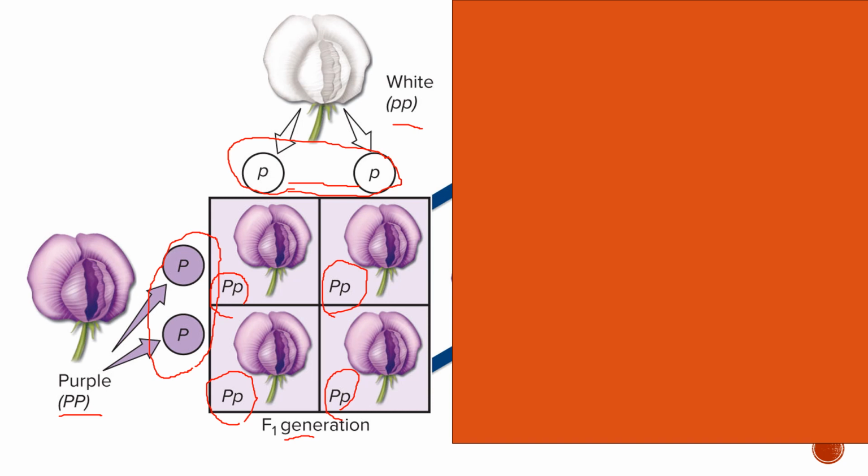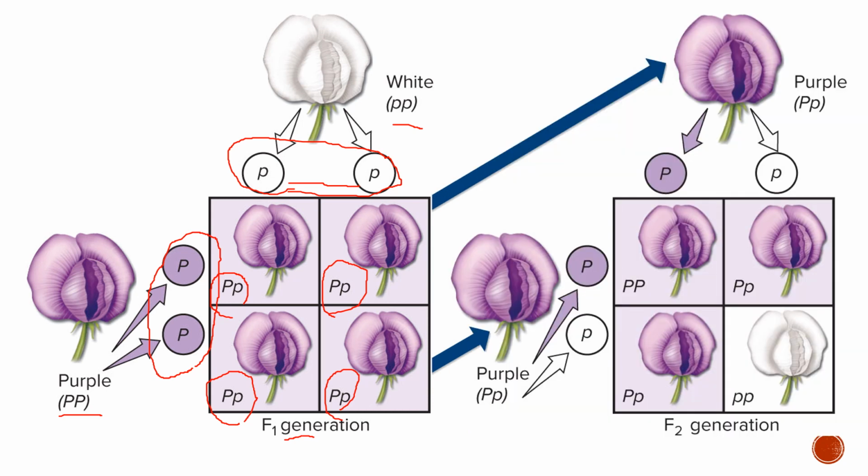Now, where it gets kind of interesting, though, is if you would take these heterozygous children and cross them, now what we see is similar to the example we just did. So now if both of them are heterozygous, so they look purple, okay, but they're purple with a heterozygous genotype.